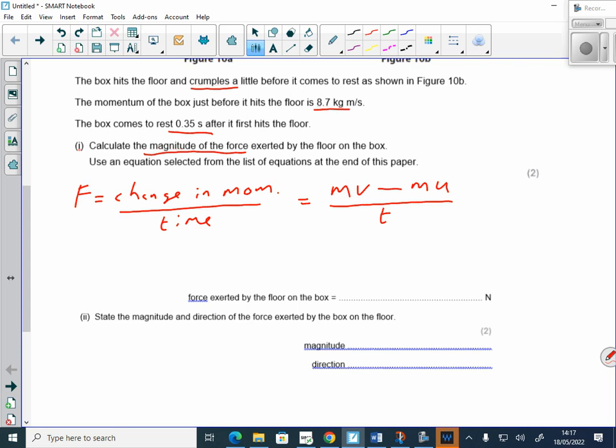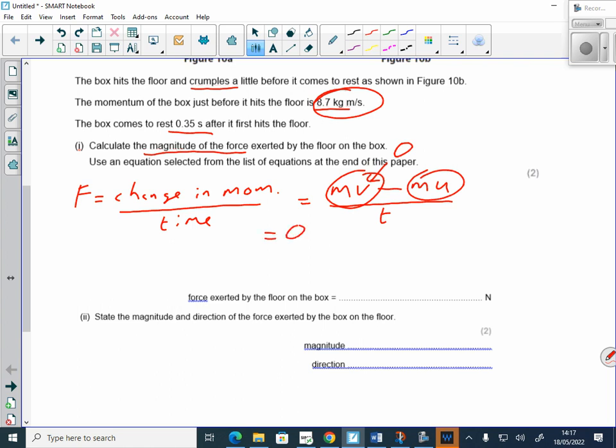Okay, then we know that the initial momentum is 8.7 kilograms meters per second. And our final momentum, once the box stops moving, so your final velocity is 0, so that's going to be 0.